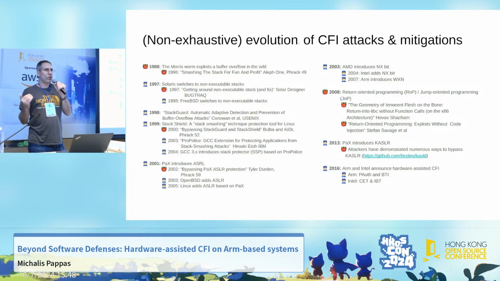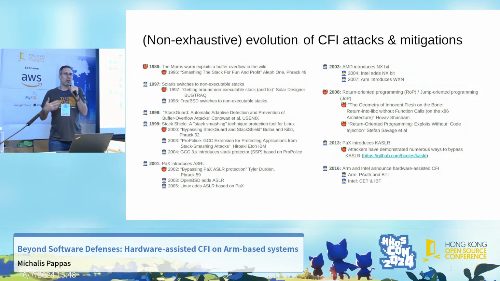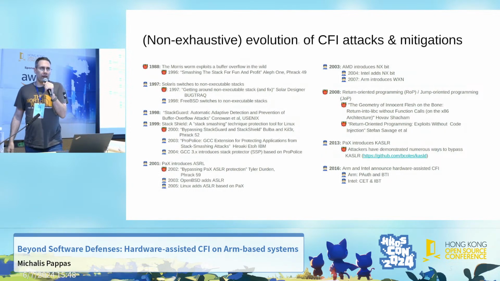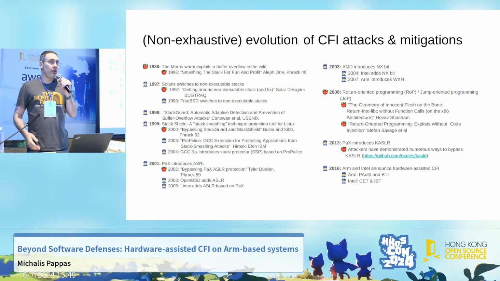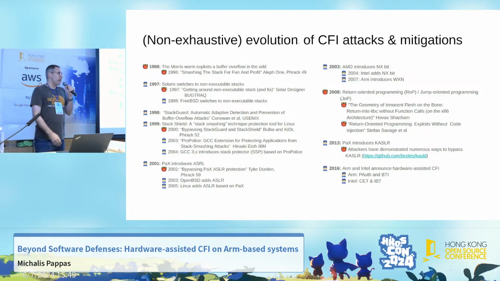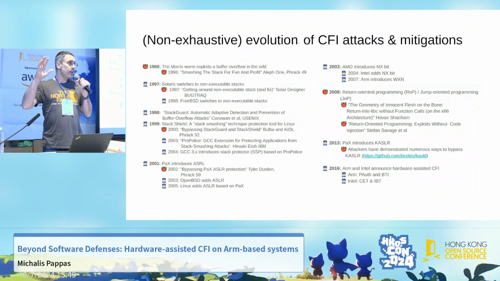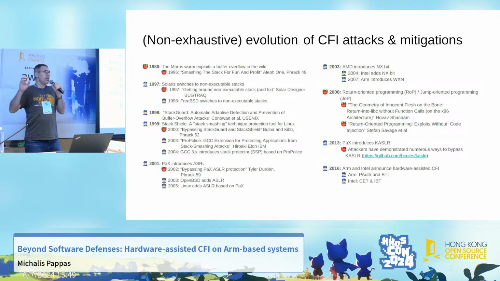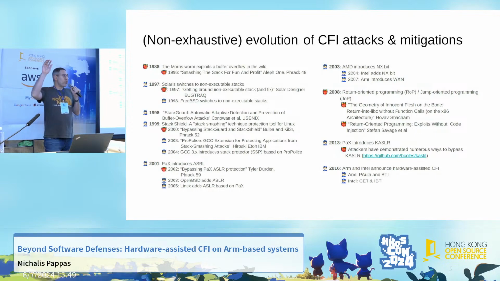And at this moment, of course, the focus from the attacker's side goes into code reuse attacks, and this is when return-oriented programming and jump-oriented programming and all these techniques become popular. I will not go into much detail about how these work. What you need to know is that instead of writing your own malicious code into memory, you find small chunks of code in the existing program, right?